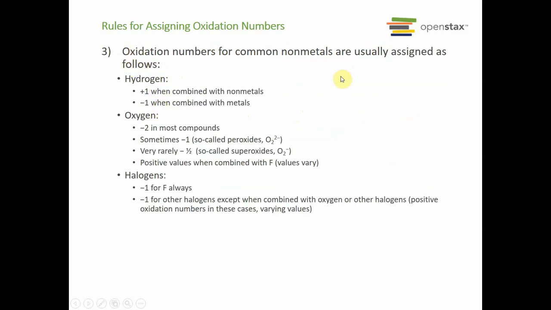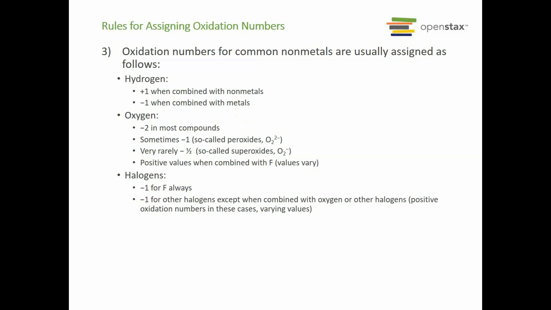The oxidation numbers for common nonmetals, like carbon or boron, are usually assigned as follows. Hydrogen is +1 when combined with nonmetals, like carbon and oxygen, and -1 when it's combined with metals.